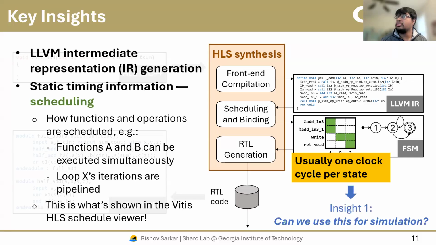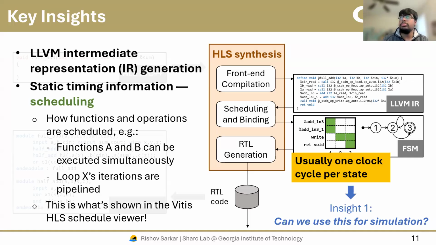Basically, the motivation was that if the schedule viewer is almost equivalent to the number of clock cycles the design will actually take on hardware, then can we use that to run a simulation? For my purposes, I didn't need to know all the specific wires or register values. I just need to know how long it will take, and for that all I need is the schedule.